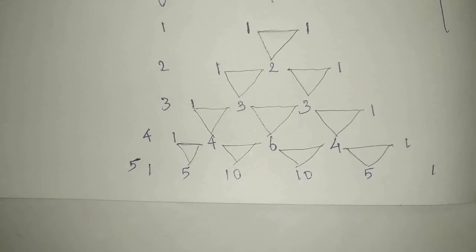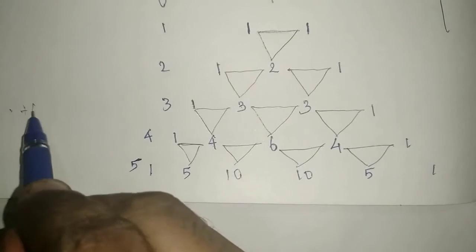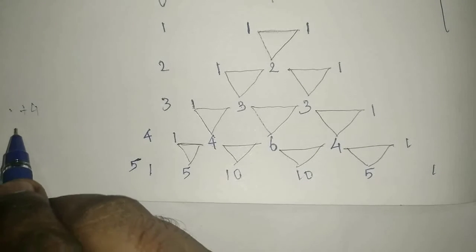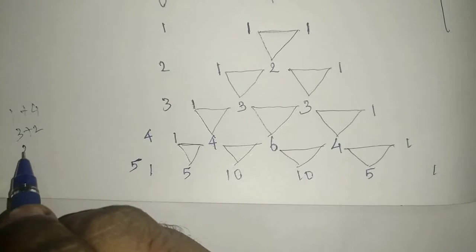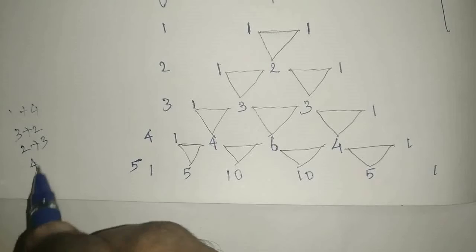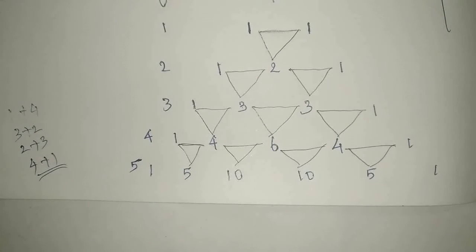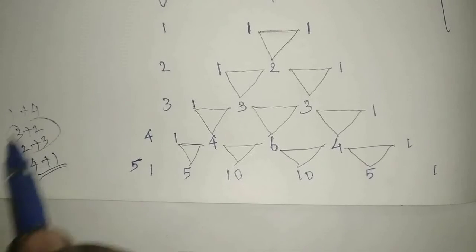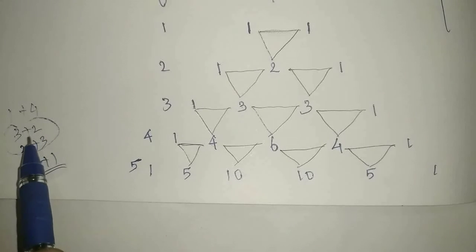Understand? So if you are going here, sir, how will you write? See, for the power 5, how will you write 1 plus 4. And 3 plus 2, and 2 plus 3, 1 plus 4 now, finally 4 plus 1. Like that you have to complete. So here a power 5, and here anyone you can use, a power 3 b power 2.